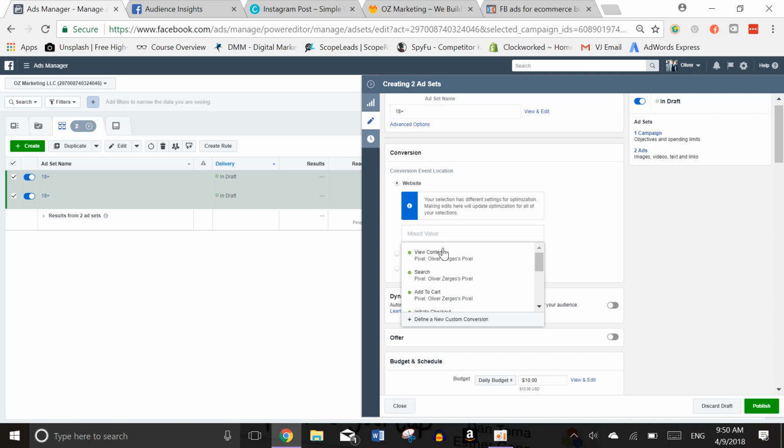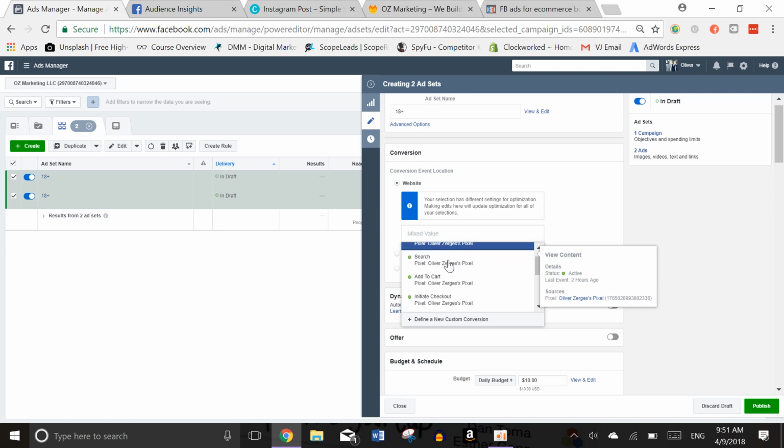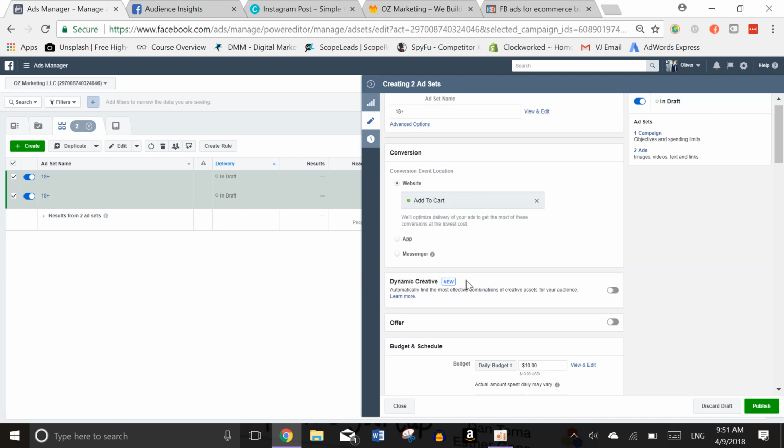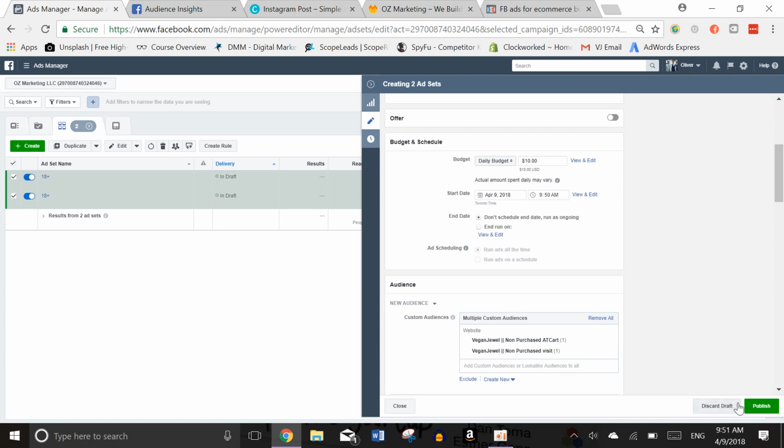I want you to go here and select what is after view content. Okay, so this is super important. Let's say you're selling a ring online. Okay, you're selling a vegan ring. Well, after view content, the obvious thing would be add to cart. So we just did view content and that one is working. You want to select optimize for add to cart, publish.